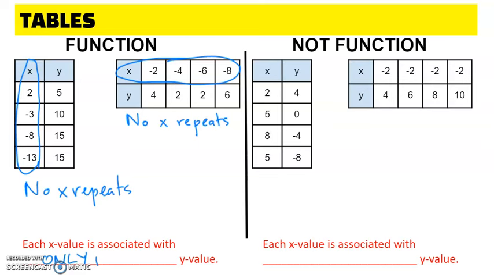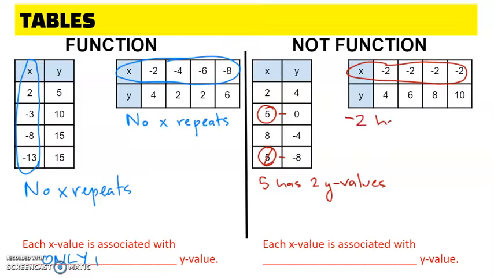So when I went to look at our non-examples, in our vertical table, I see 5 is with 0, 5 is with negative 8. So 5 has 2 y values, and that's not allowed. In functions, each x has only one y value. When I look at that horizontal one, negative 2 has all kinds of partners.